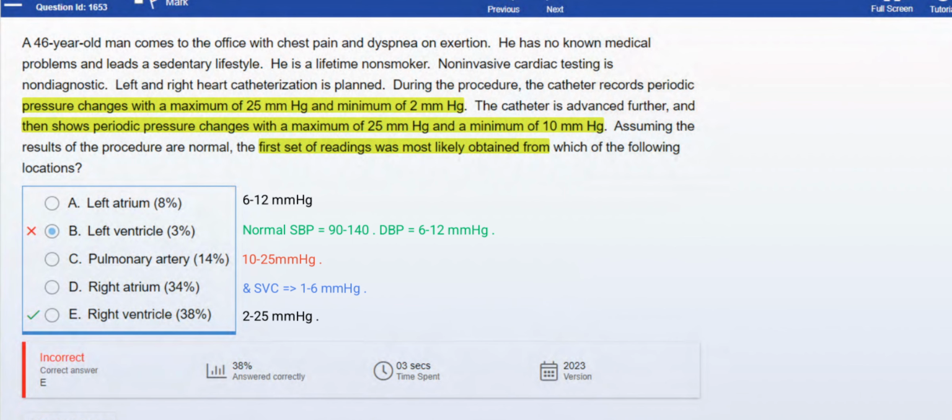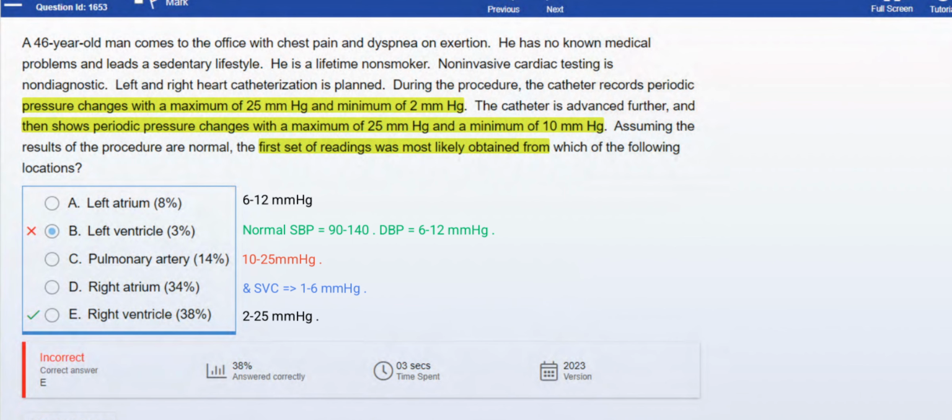Because the normal systolic BP in the case of the left ventricle is between 90 to 140 mm Hg, while diastolic BP is 6 to 12 mm Hg. Why not pulmonary artery? The pressure there is 10 to 25 mm Hg.